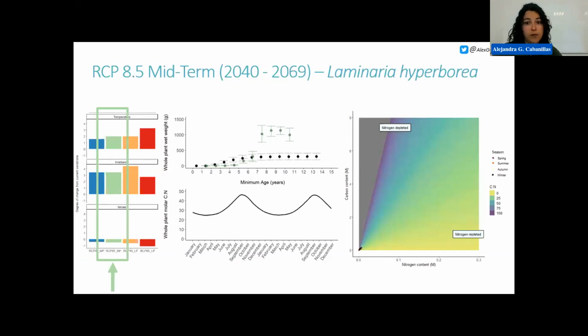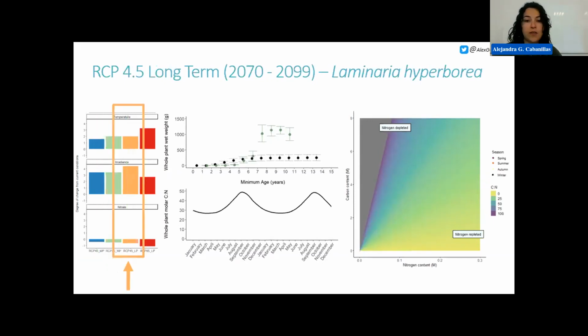So when conditions get worse, here we're showing the RCP8.5, which is the highest baseline emission scenario in which emissions continue to rise throughout the 21st century. Again, this is not the latest IPCC projections, but the previous ones. Here, the environmental conditions are even less ideal than in the previous scenario, and as such, we can see the same pattern of a smaller plant that has not reached its expected size.